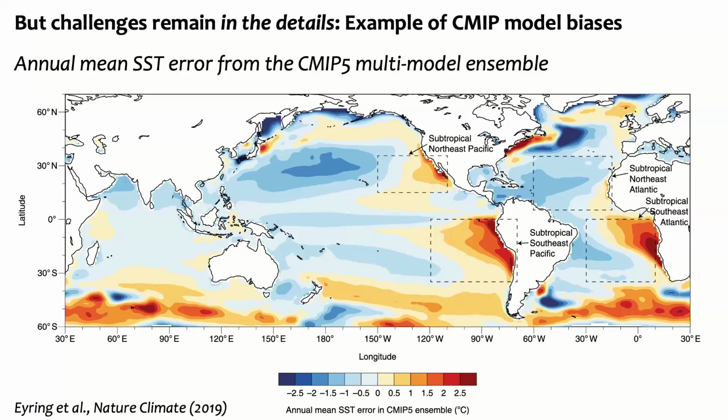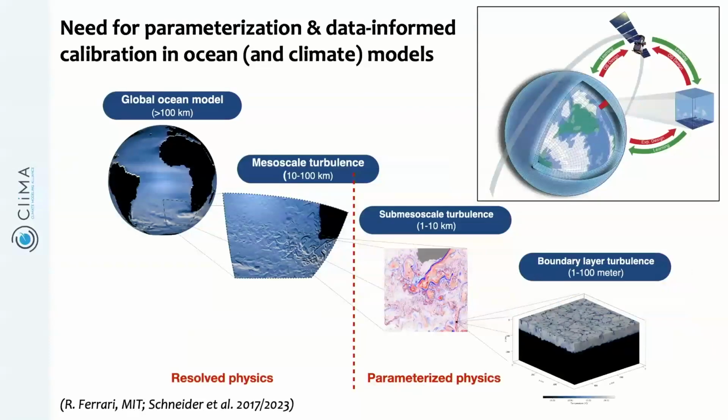You see here the Gulf Stream, for example, which suggests a misplacement of where the Gulf Stream separates into the North Atlantic. Similar here for the Pacific's Gulf Stream, the Kuroshio current, with these dipole patterns, and so on. So there are remaining patterns of uncertainties that we of course want to understand better and reduce.